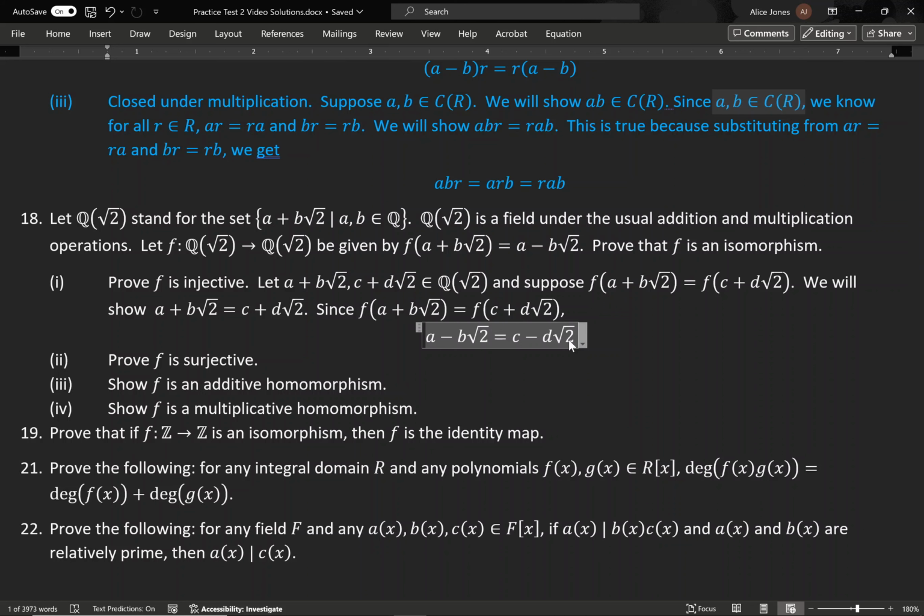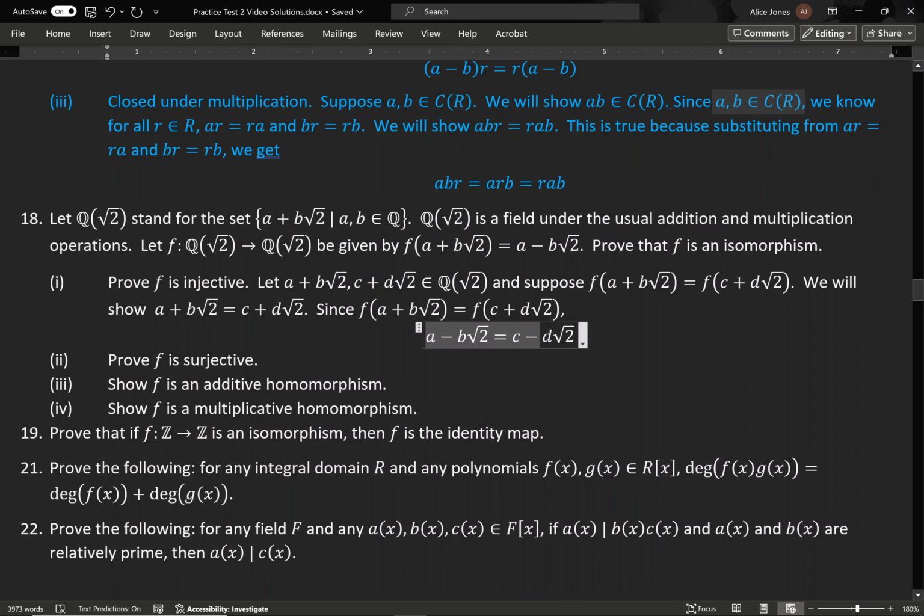To show that two complex numbers are the same, you show that their real parts are the same and their imaginary parts are the same. We don't have real and imaginary parts here, but we do have rational parts and irrational parts. So to show that the rational parts are the same, we want to show that a equals c. And to show the irrational parts are the same, we want to show that b equals d.